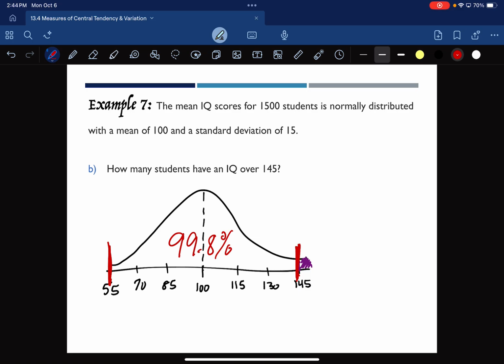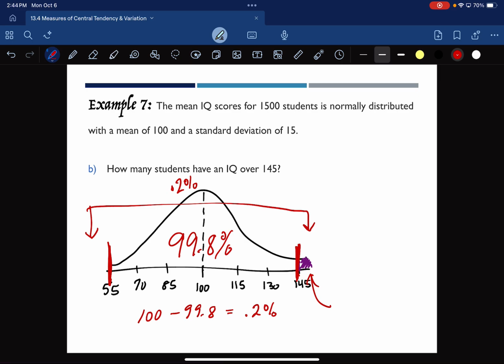So if I have 99.8, I need to take that away from 100, and I would get 0.2%. That is not 2%, that is 0.2%. So these pieces here and here are 0.2% combined. So how much is it in this space only? 0.1%. So that's the value that I need to actually multiply by 1,500.